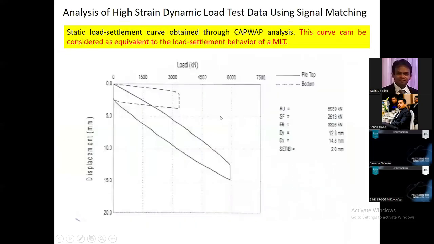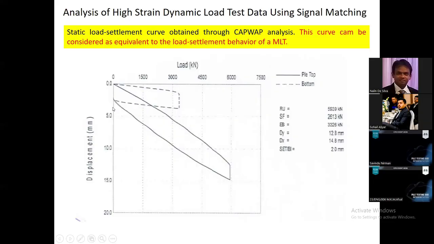And not only that, we can produce this load settlement curve. This load settlement curve is equivalent to a static load settlement response. You can see two curves. One represents the pile top load settlement behavior.